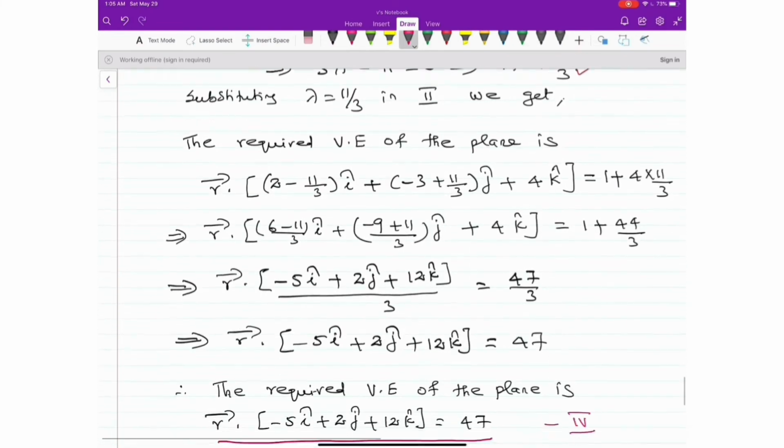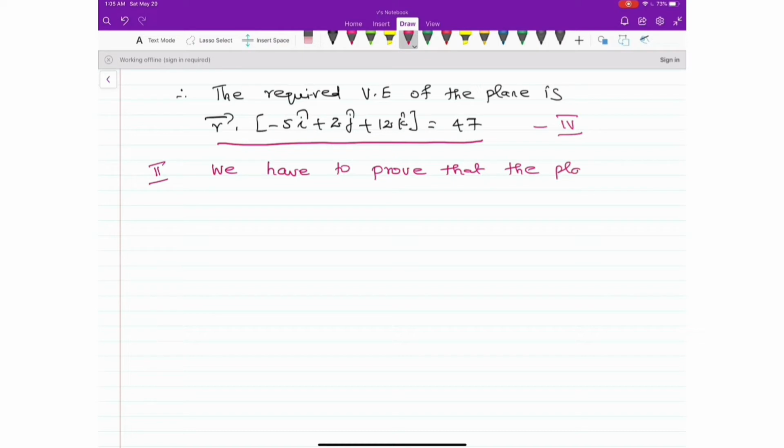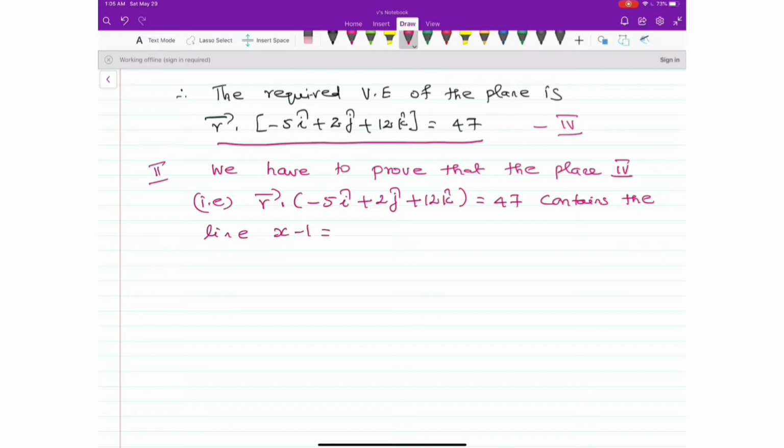So, the second part, we have to prove that the plane 4, that is vector r dot (minus 5 i cap plus 2 j cap plus 12 k cap) is equal to 47, contains the line (x minus 1) is equal to (2y minus 4) is equal to (3z minus 12).